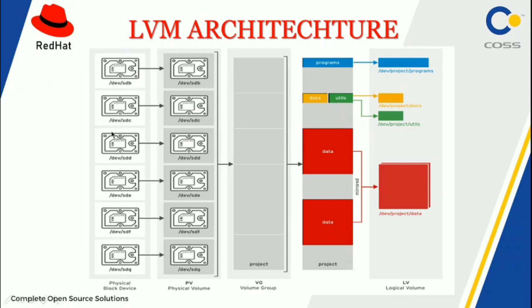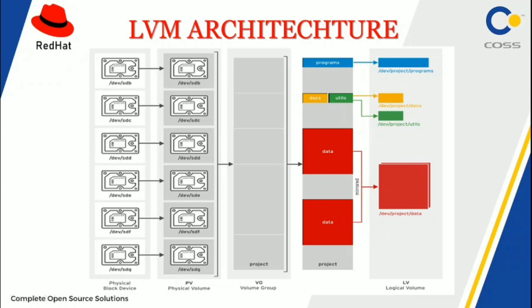The first line you are seeing here, dev sdb, dev sdc, dev sdd, are actually the hard drives. They are attached at the very next level, that is PV, physical volume. So what is a physical volume?